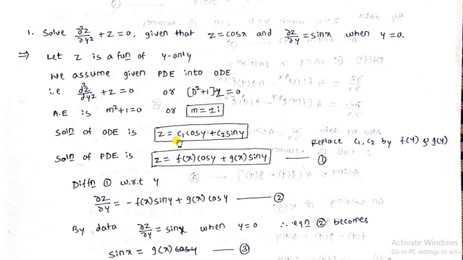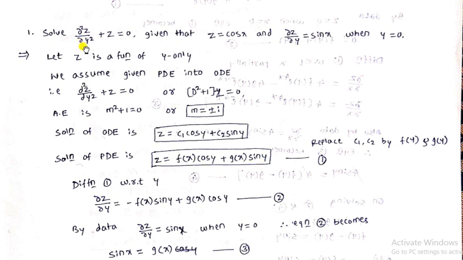Now here c1 and c2 are arbitrary constants. We replace c1 and c2 by arbitrary functions f(x) and g(x), which gives the solution of the PDE, that is z = f(x) cos y + g(x) sin y.